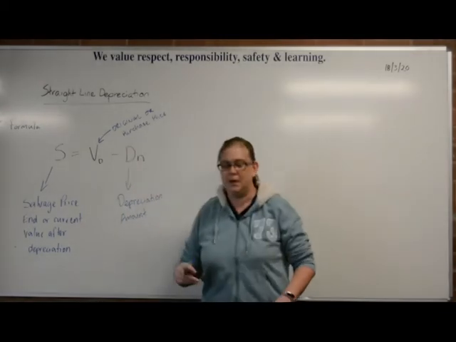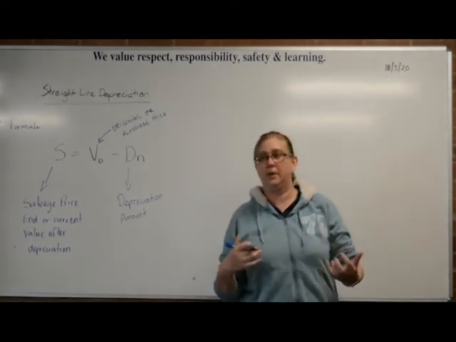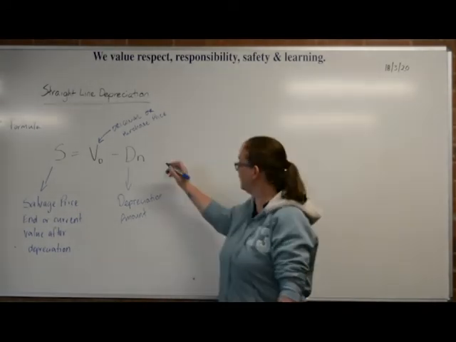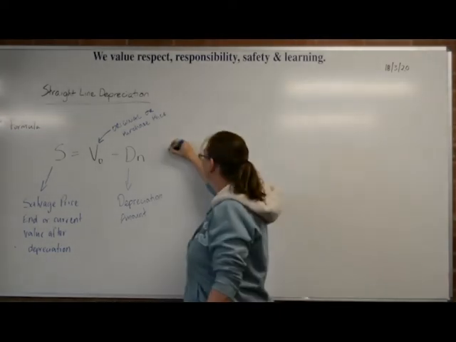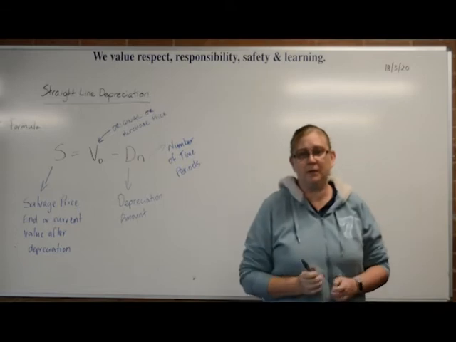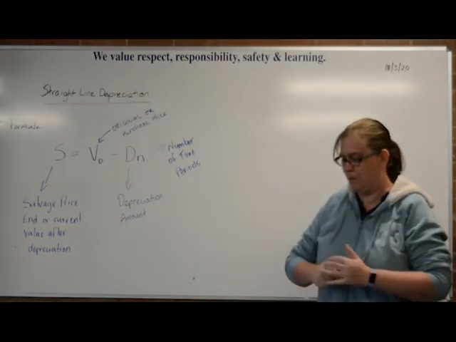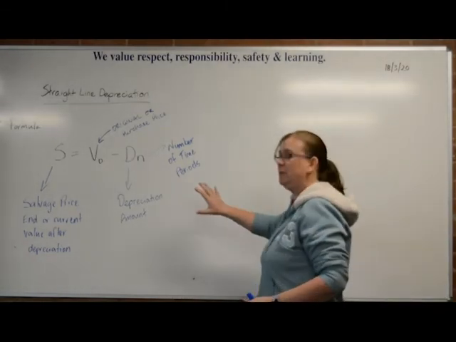So that's the amount that it depreciates by each time period. And N, what do you think N is going to be? Number of time periods. So that's all that is with that. Does that make sense for that formula at the moment?